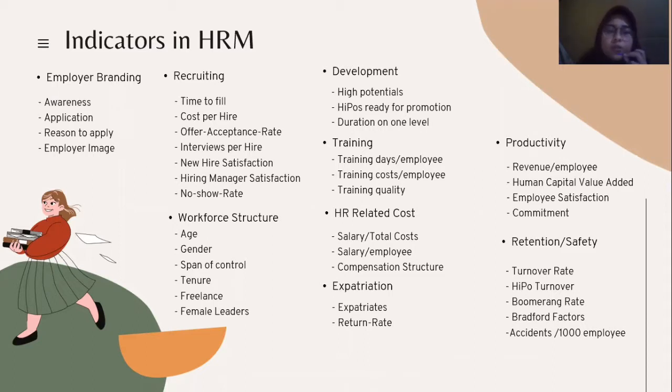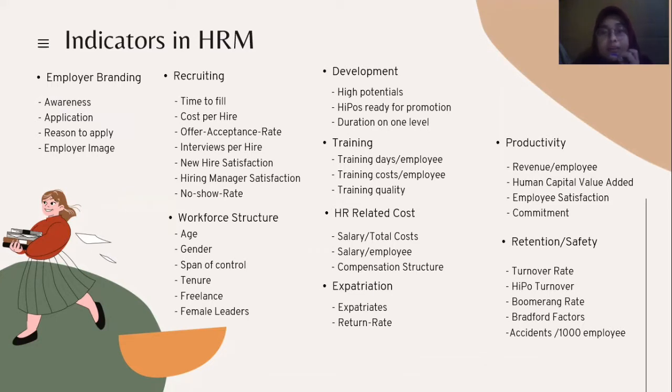The third, workforce structure, such as age, gender, span of control, tenure, freelancers, and also female leaders. The next, development, such as high potentials, employees ready for promotion, duration of one level. The next, training days per employee, training cost per employee, and also training quality.